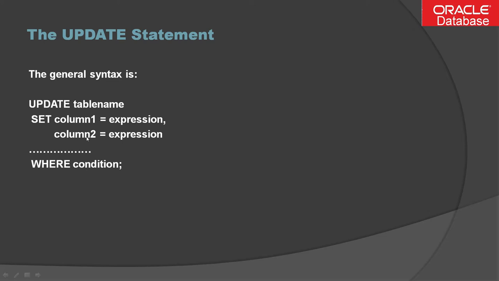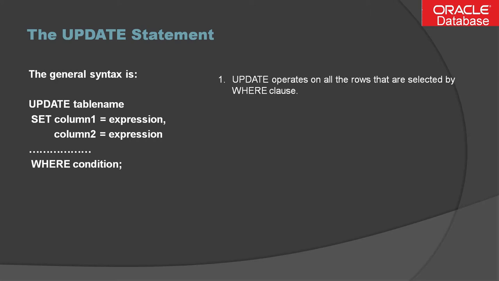Similarly, if you want to update column 2, then you will have to assign some value to column 2. Here every update expression or column will be separated with a comma, and finally you will have a where condition, right?